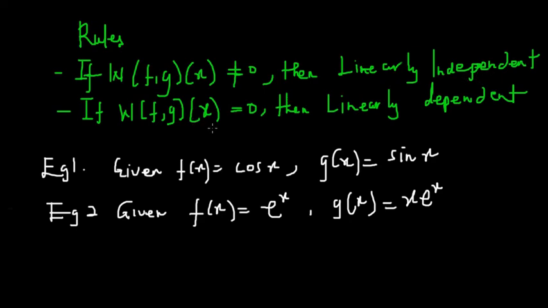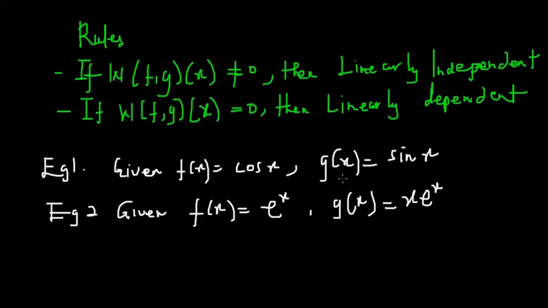But if you get the exact opposite, that is, the determinant ends up being equal to 0, it means those functions are linearly dependent. So these are the two rules we normally use in concluding on our final answer.